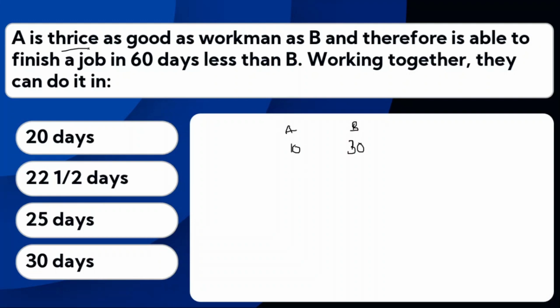Why? Because he is 3 times better than B. So if B takes 30 days to complete a job, A can complete the job in only 10 days. If B takes 60 days, A can complete the work in just 20 days.